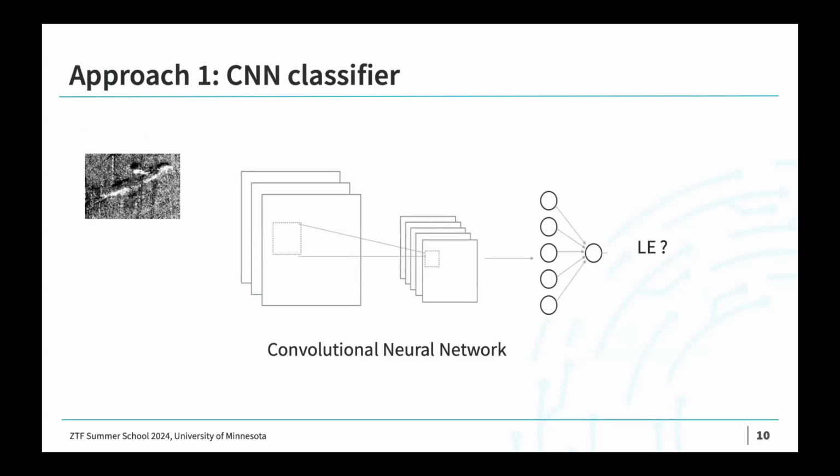So how can AI help in detecting light echoes? The most straightforward way is to use a convolutional neural network to do the feature extraction and tell us whether there are echoes in the images or not.